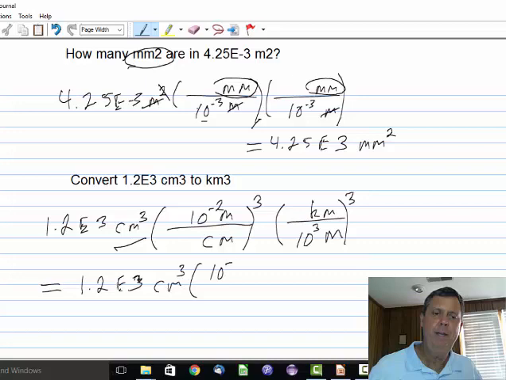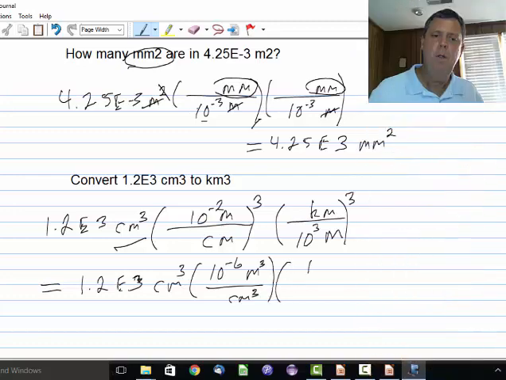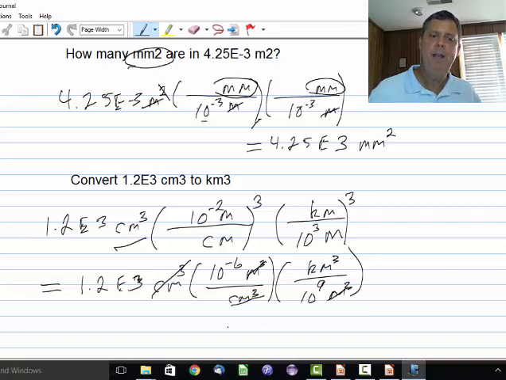So we have 10 to the minus 6 meters cubed over centimeters cubed. We have kilometers cubed on top. We get 10 to the 9th meters cubed on the bottom. Centimeters cubed cancels centimeters cubed, meters cubed cancels meters cubed, and our final answer will be 1.2.